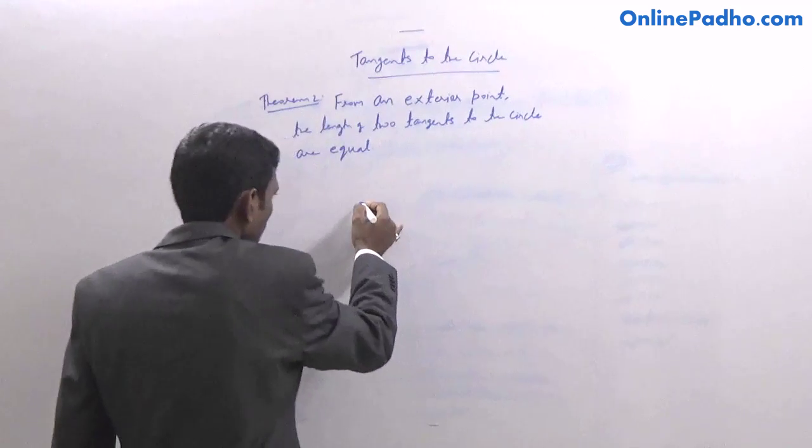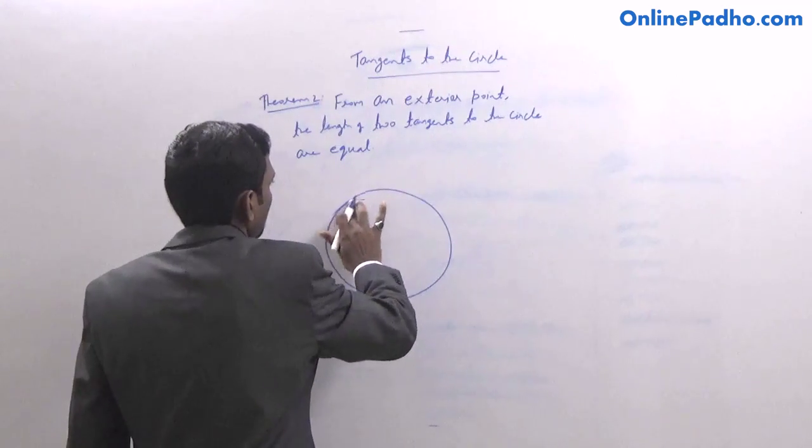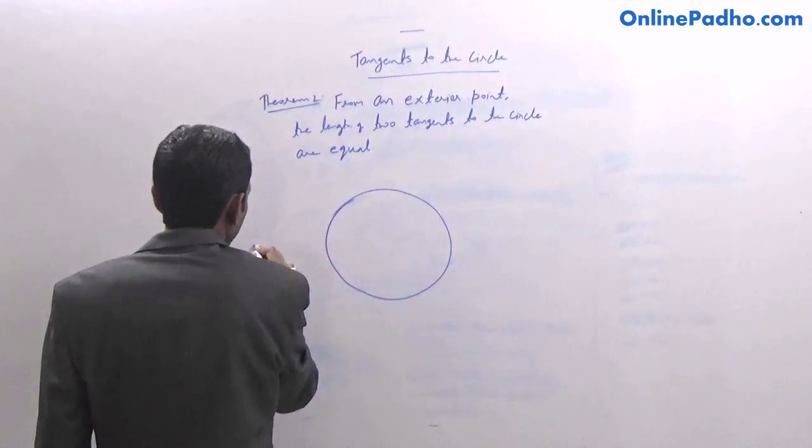Means if we draw a circle here, let's say this is the circle. So in this circle, we have an exterior point P.